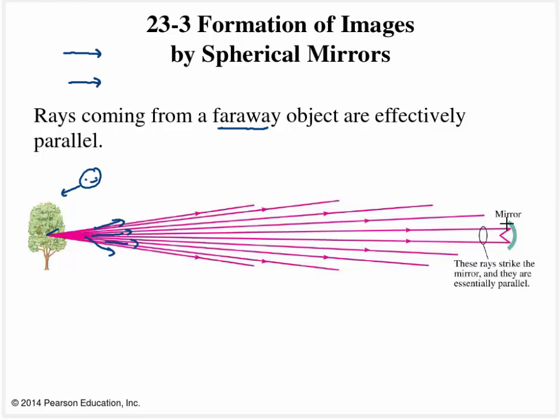Then if the mirror is far away, relative to the focal length, we'd say that these rays are essentially parallel, or at least close enough for government work. Everything we're going to do in this class deals with far away, so we can treat the rays coming in as essentially parallel.